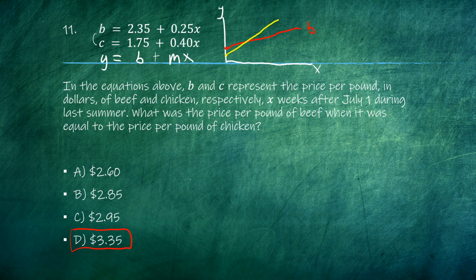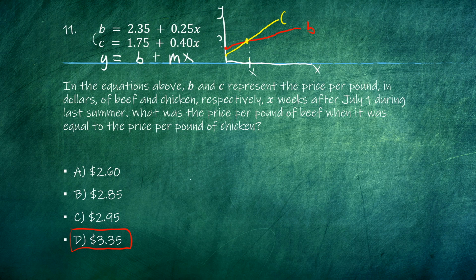So we know that at this point here, at x weeks, their price is the same. So we want to know what this price is when both the price of the chicken and the price of the beef are the same.